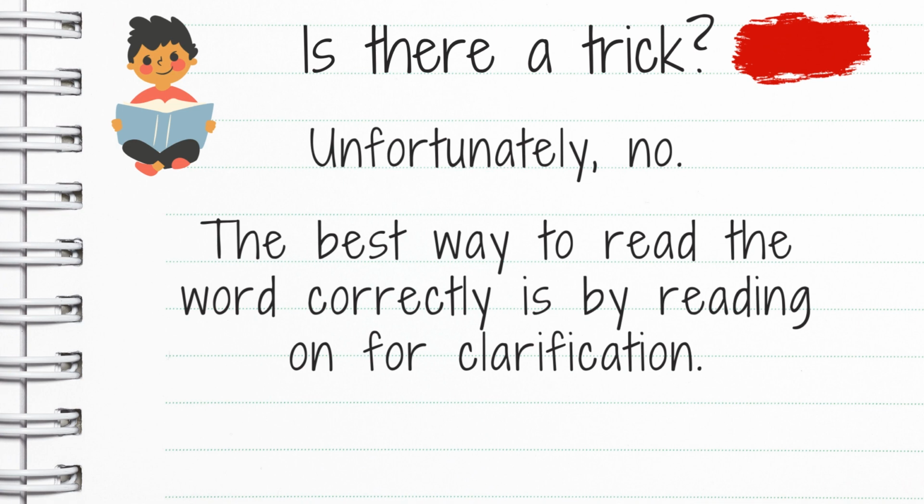I just want to point out that reading isn't a word. So if ever you see reading, R-E-A-D-I-N-G, that's always reading. It's never reading. Not that I've ever seen anyway. So yeah, the best way to read the word correctly is by reading on for clarification.